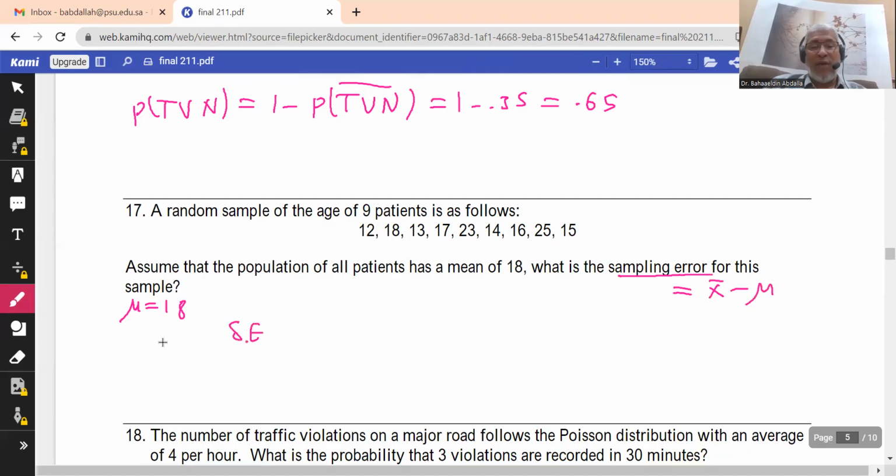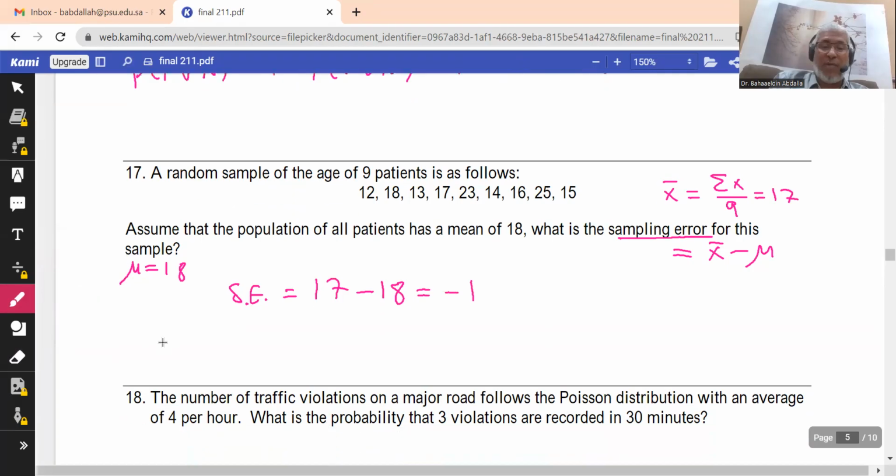So sampling error equals, to find x bar, I add all of these numbers and I divide by n, and n in this case is 9. If you add all of these numbers and divide by 9, you will find that the answer is 17. So the sample error is 17 minus 18, and it is -1.